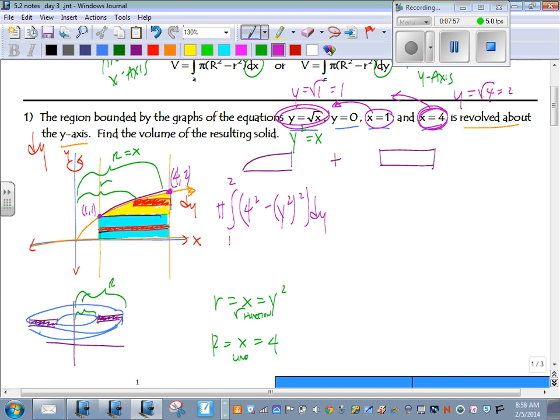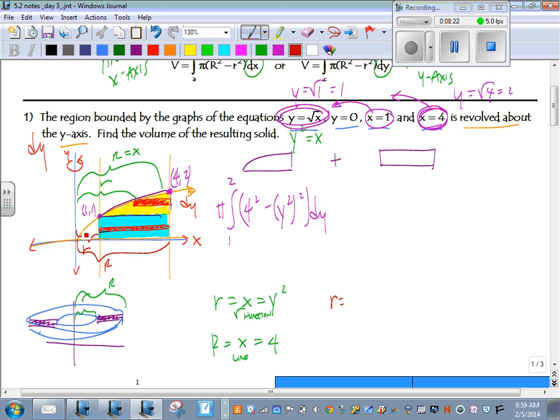Now we need to figure out little radius and big radius for this blue region that's going to get spun around the x-axis. So our little radius goes from the axis of revolution to the inside function, and then our big radius goes from the axis of revolution to that outside function. So our little radius, what's that always going to be?